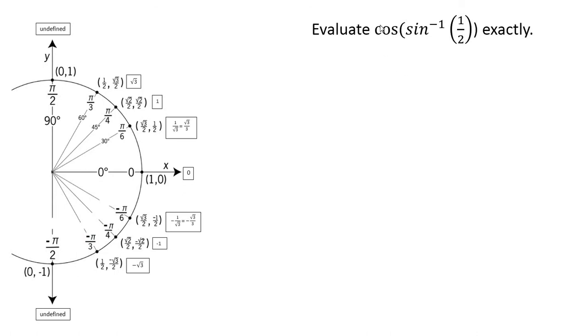First way, let's just ignore the cosine out front and look at arcsine of 1/2. So remember, that's what we've been doing basically. Arcsine of 1/2 basically means, hey, sine of some angle equals 1/2, and we're trying to find the angle. Remember, an arc or an inverse trig function is an angle.